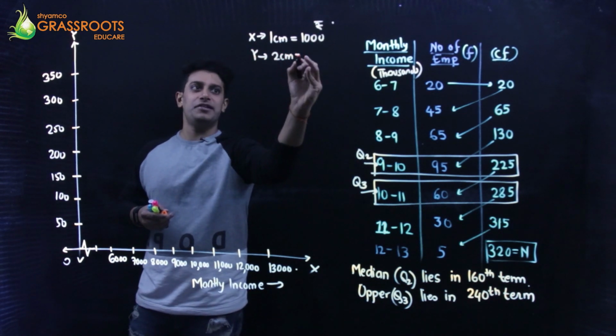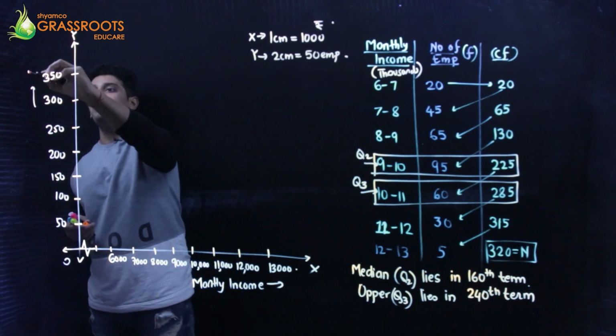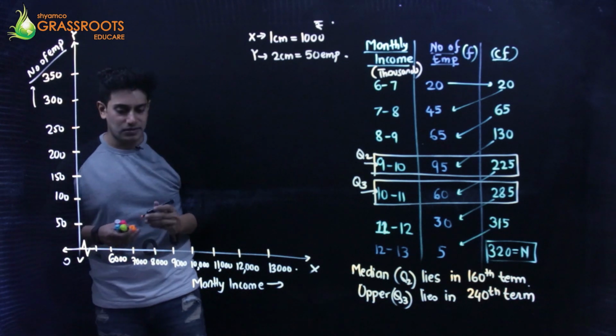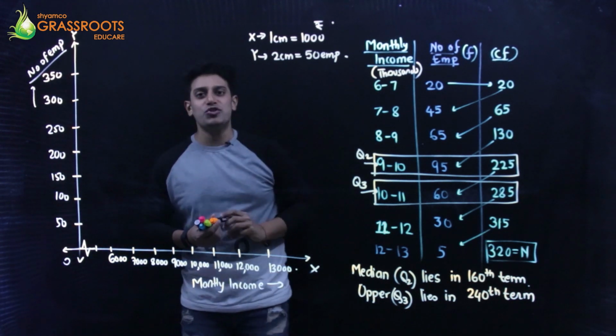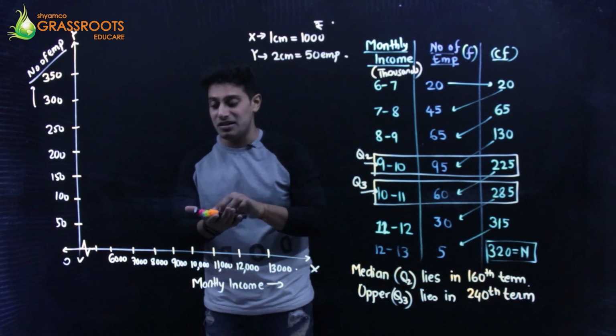On the y-axis, 2 centimeters is equal to 50 employees, the number of employees. The first plot is always going to be with 7,000, not 6,000. It has to be with the upper limit.